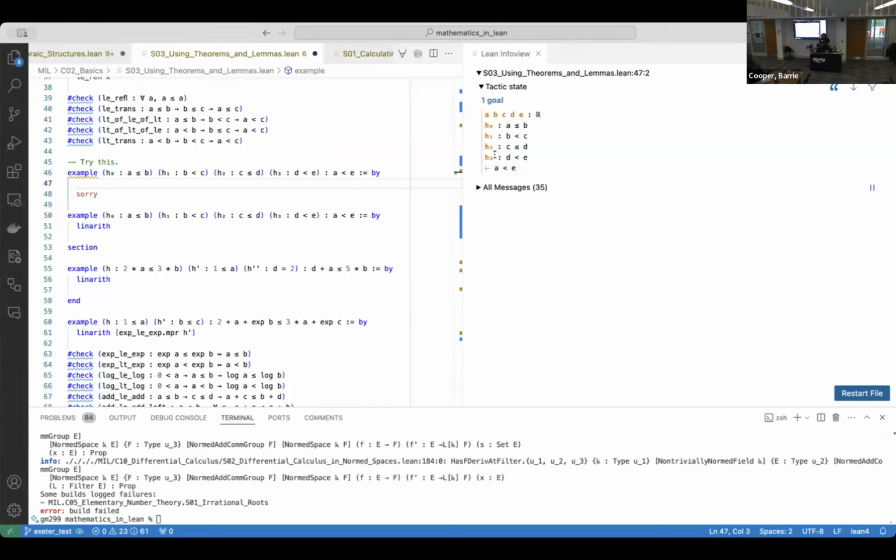So we can prove this by some kind of transitivity style result. We know that D is less than E. First of all, let's do it forwards. Can we chain these things together to prove that A is less than E?